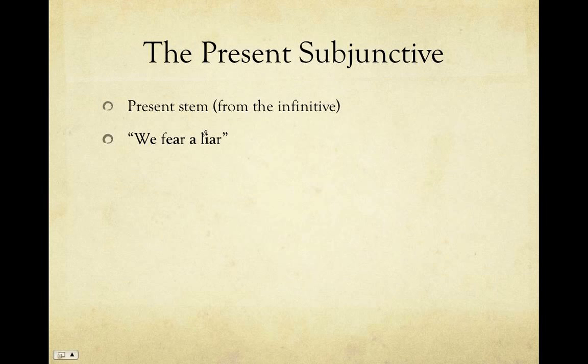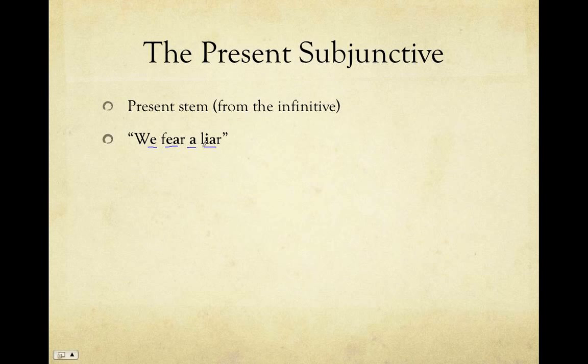So we take our present stem, and then you need to learn the mnemonic device, we fear a liar. This device will tell you how to shift that stem. The present subjunctive is going to use the present stem with a slight vowel shift. That vowel shift is from an A to an E for the first conjugation, from an E to an EA for the second conjugation, from a consonant, short E, to an A for the third conjugation, and from an I in the fourth conjugation to an IA.